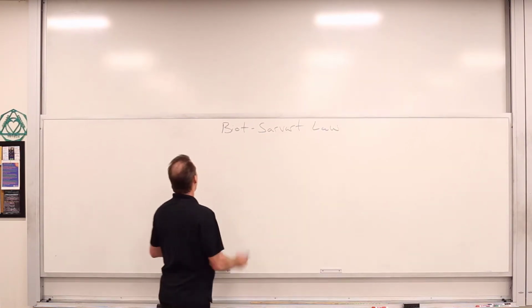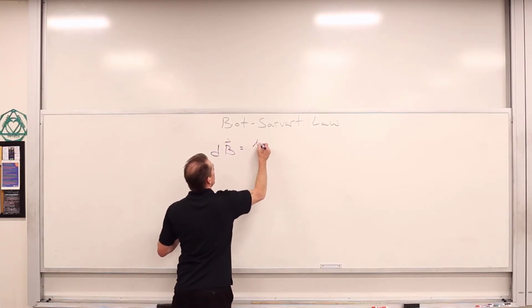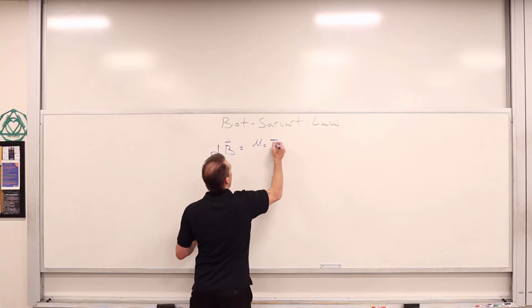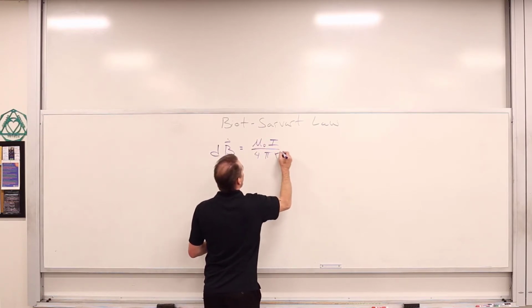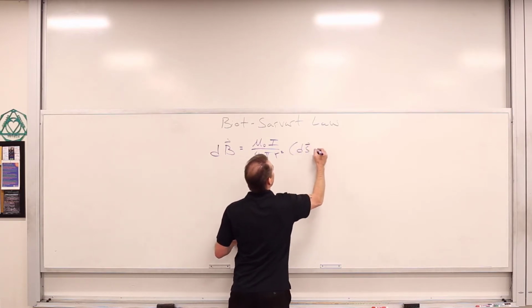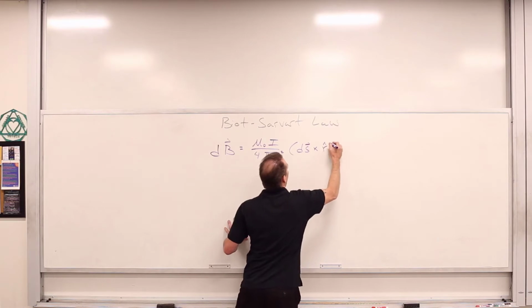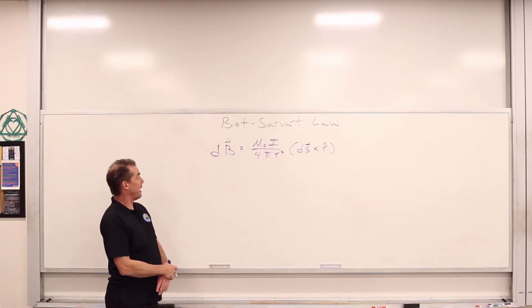So the Biot-Savart Law says that dB is equal to mu 0 I over 4 pi r squared multiplied by ds cross r hat. That is the Biot-Savart Law in a little nutshell there.